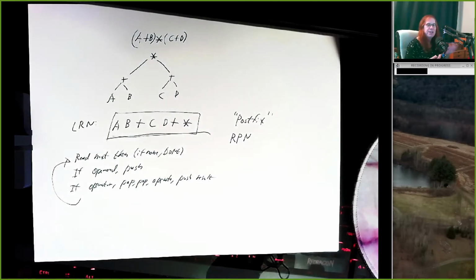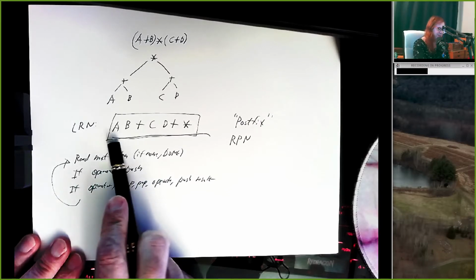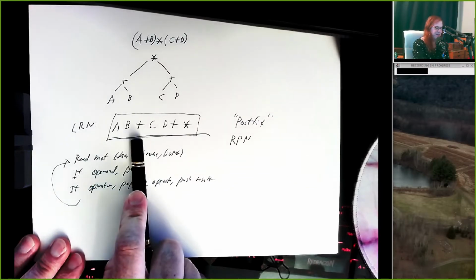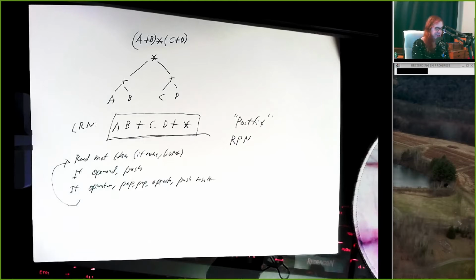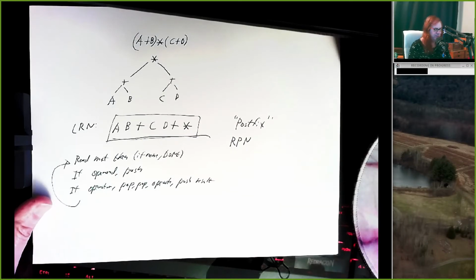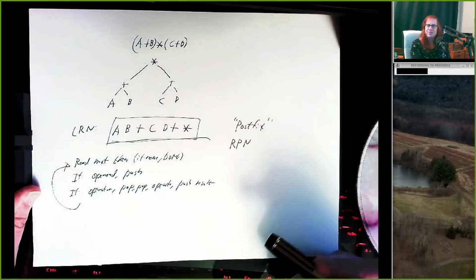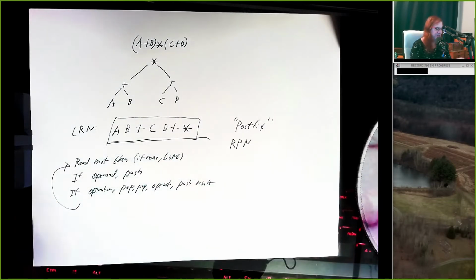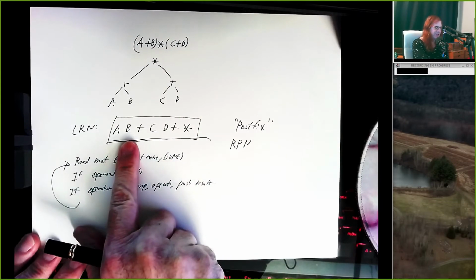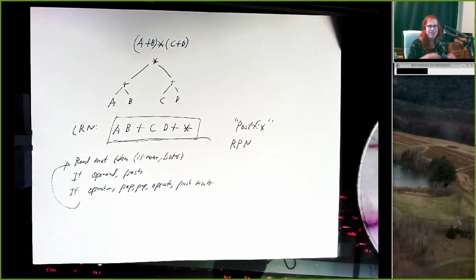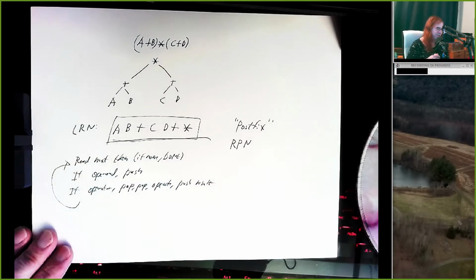So you have to tokenize your input. Now I've made my variables single letters and my operators single characters, so it's really easy to tokenize. But if this was something with numbers or long variable names, you need to do something to know that this is not a variable called AB. It's a variable A, variable B. But we're just doing pseudocode here, right?